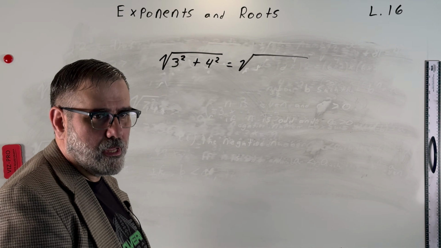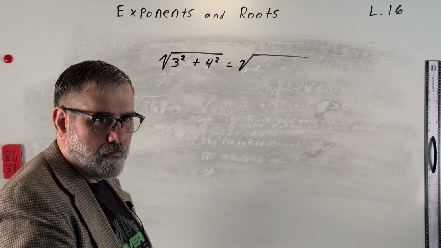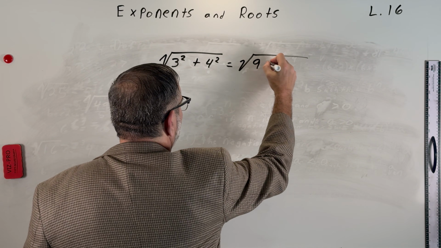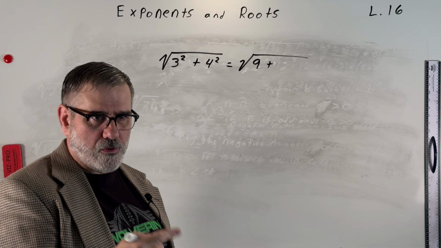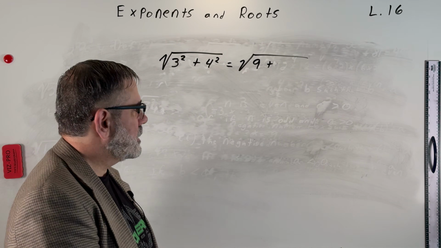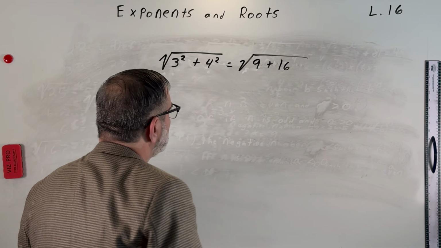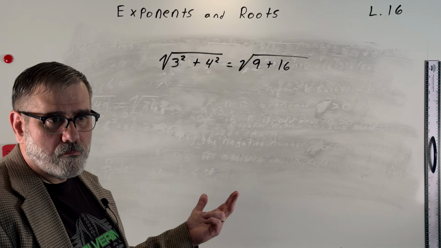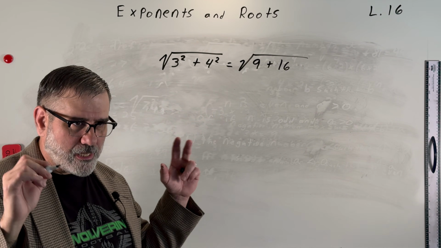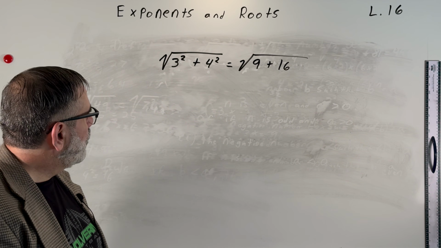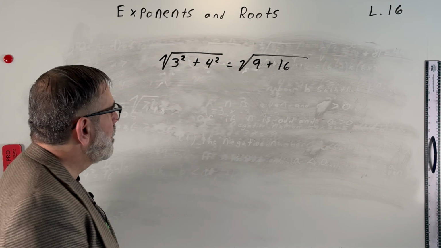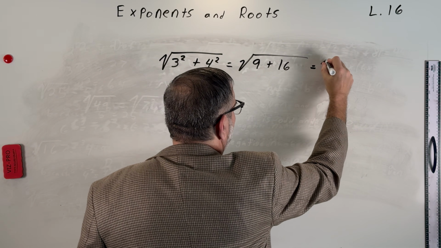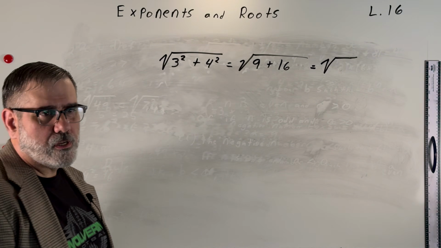Well, that's 3 times 3 is 9. Plus 4 squared, which is 4 times 4, which is 16. I can add those. No problem with that, as long as I keep that square root sign up there, right? What is 9 plus 16? 25.